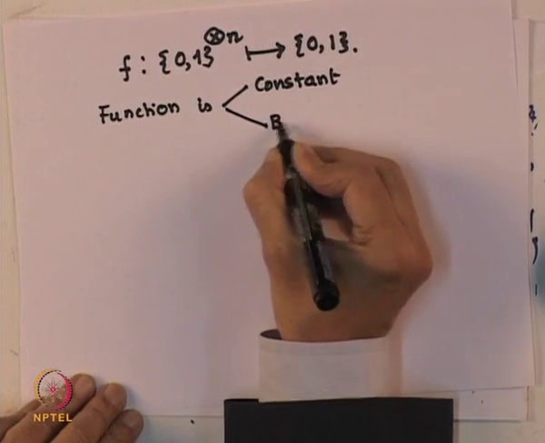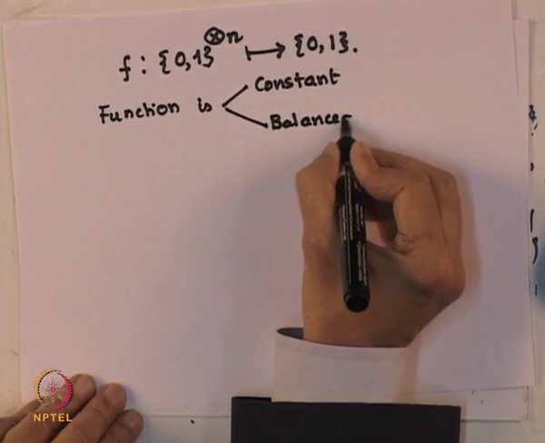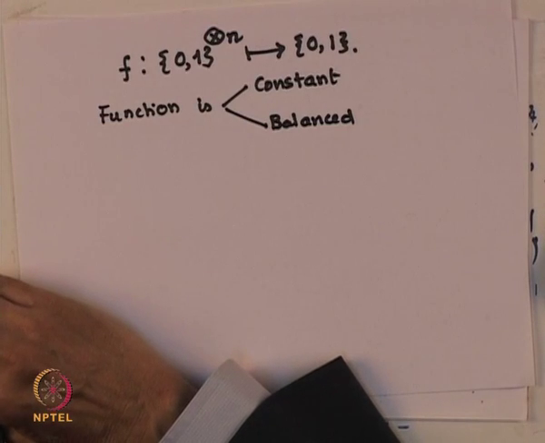The constant function is obviously clear that for all possible inputs the value is constant, the same. It could be either 0 or 1. I don't care what actually the value of the function is. But for the balanced case, half of the inputs will give you value 0 and the balance half of the inputs will give you value 1. Once again, we don't question as to which input gives 0, which input gives 1.